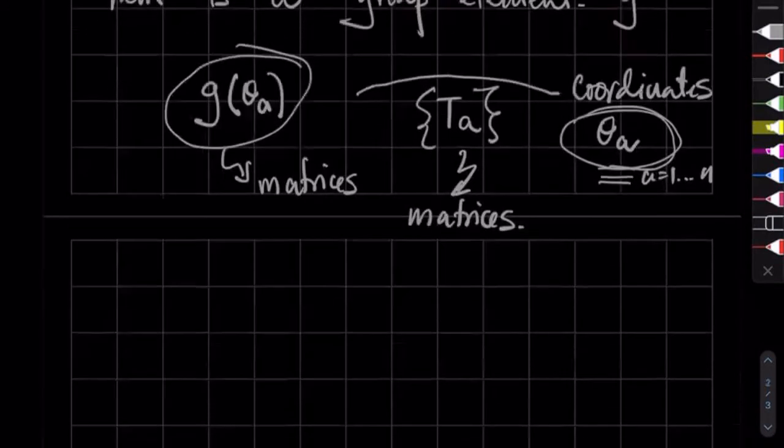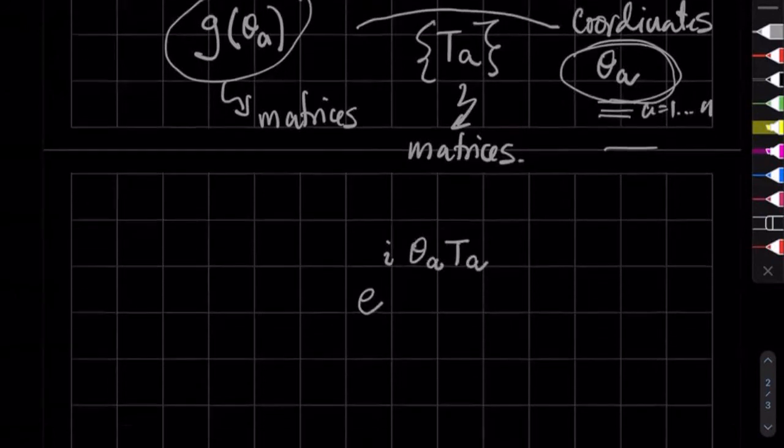And the formula that allows you to go from this guy to this guy across the bridge is this: e^{i sum over A theta_A T_A}.